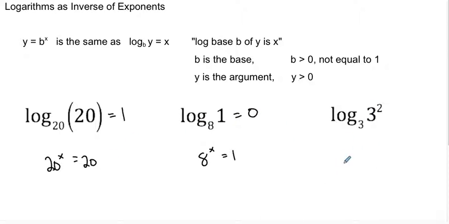And then similarly to the first one here, if I want to know what power I raised the base of 3 to get 3 squared, you're going to notice that the log base 3 of 3 squared is just going to equal whatever that exponent is. Okay? So just some quick things to recognize and notice when you're dealing with logarithms.